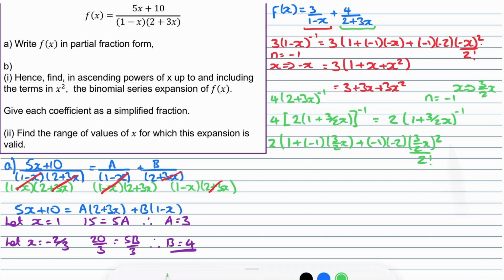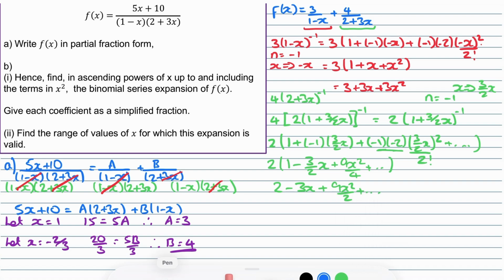We can tidy up this bracket. We'll have a 1 term, minus 3 over 2 x, and then these two will cancel with this division. We'll expand out the bracket and we'll get 9x squared over 4. Expanding out the 2, we'll get 2 minus the 3x plus 9x squared over 2.